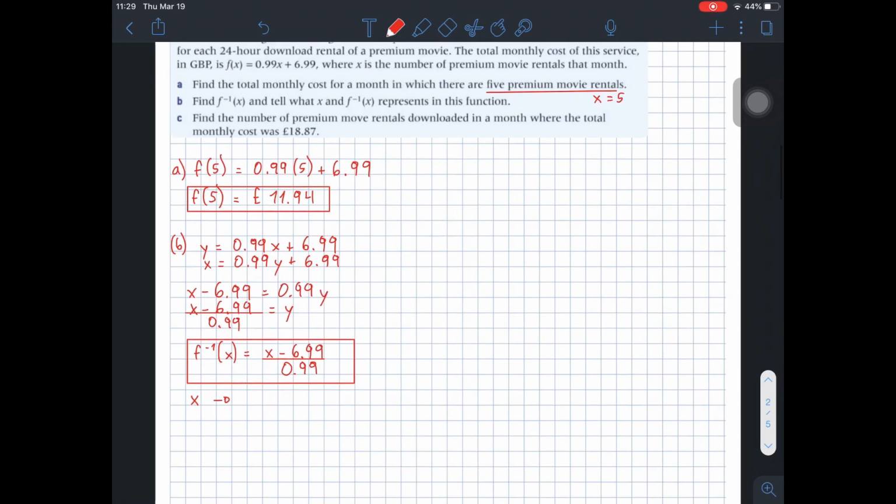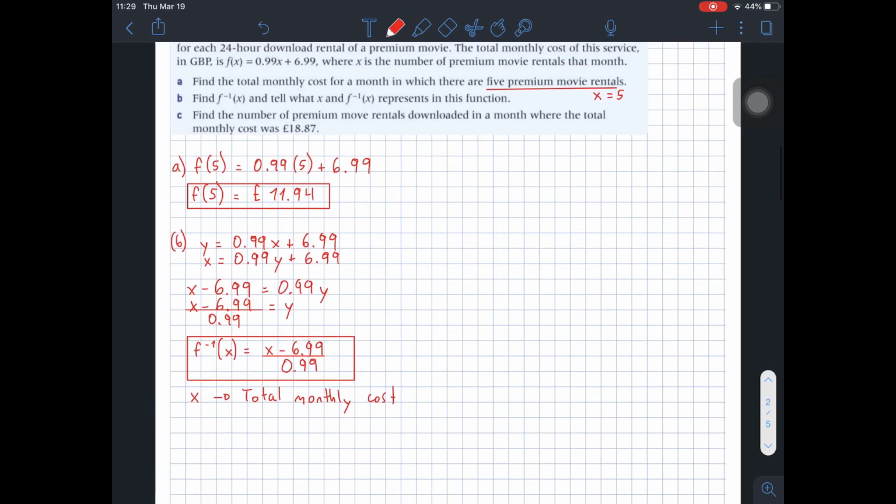The total monthly cost. And f minus 1 of x, the inverse of f, represents the number of premium movie rentals in a month.